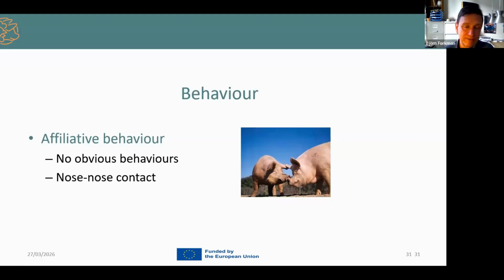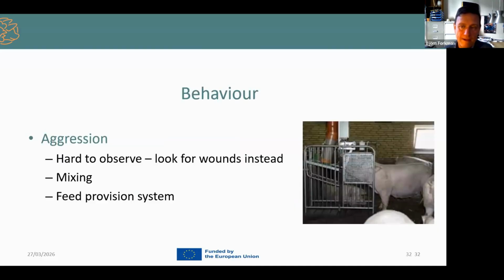But that's about it when it comes to affiliative behaviors. For aggression, we do have a lot, as I said before. The problem with using aggression as a measure is that it's very hard to observe. It's much easier to observe the effects of aggression, so look for the wounds instead.